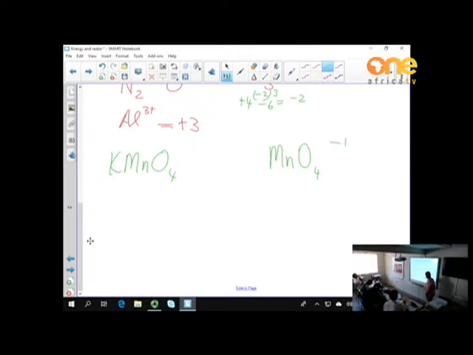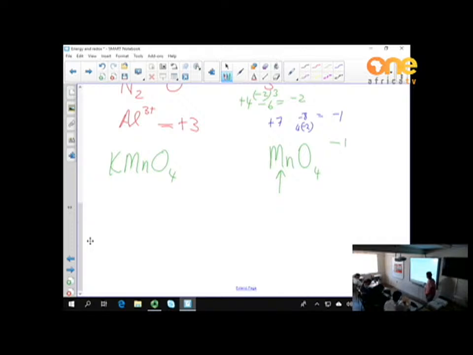So what is the oxidation state of the manganese? Oxygen is 4 times -2. That gives me -8. We must equal -1, so I need +7. Because it's a polyatomic ion, you must go and learn it.